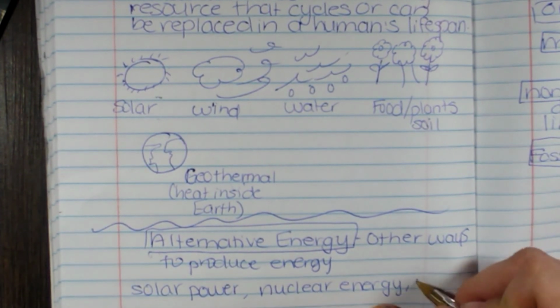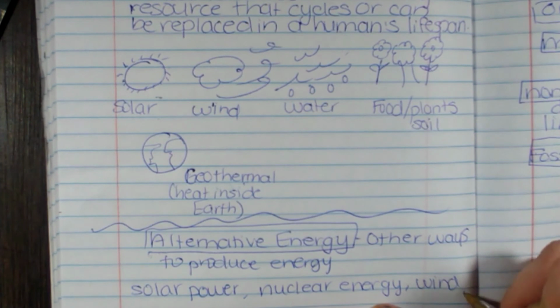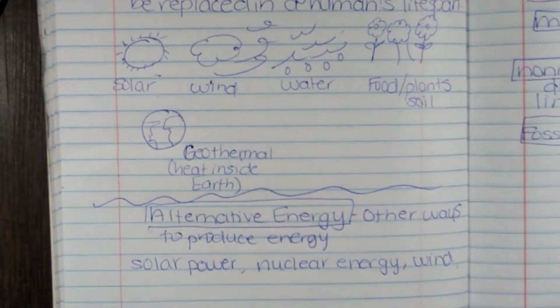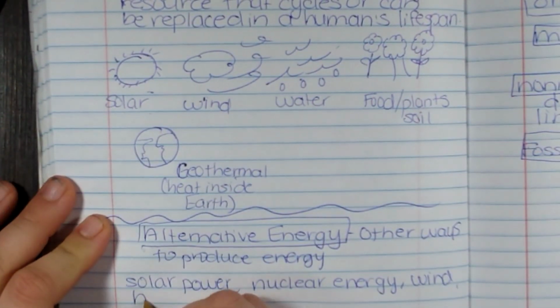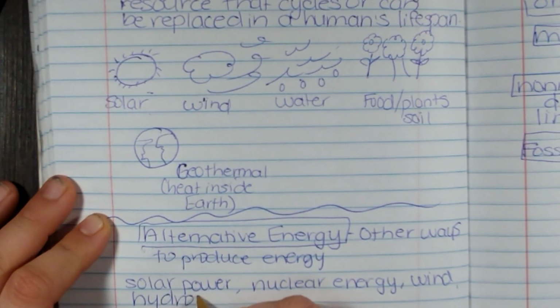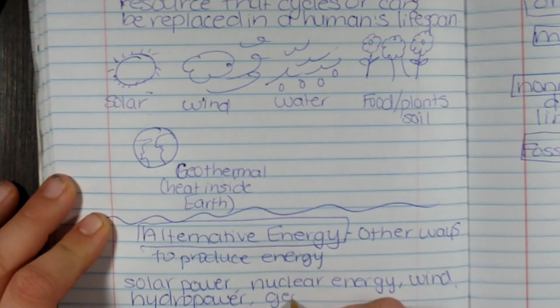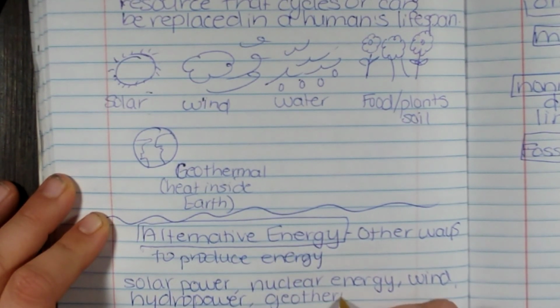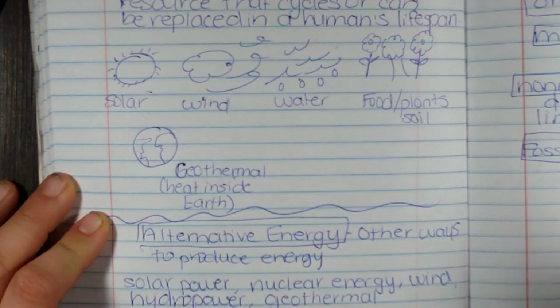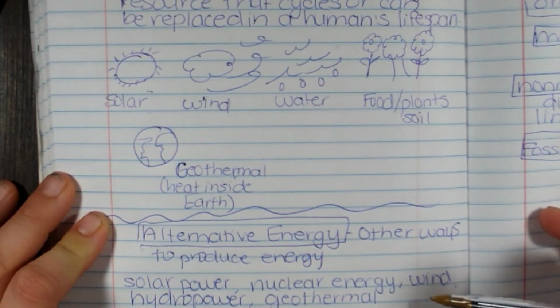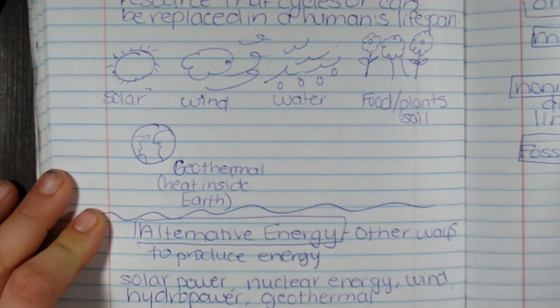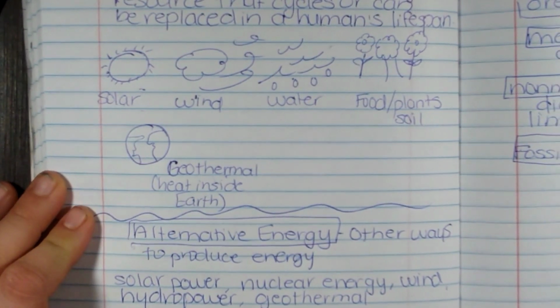We have wind power. We have hydropower, which is water. Hydro meaning water. Geothermal, using the heat from down inside the earth. All of these things are ways that we could produce energy using renewable resources that will not take things that are going to run out in our time. So that is our natural resources.